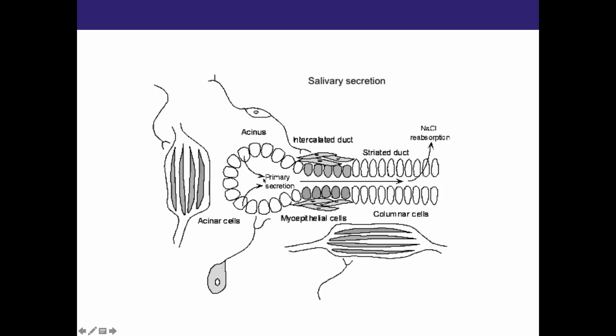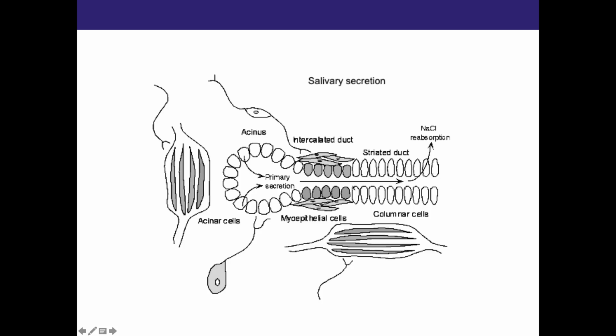Then it's forced into the duct portion, where the primary secretions are usually modified. A lot of times salt is reabsorbed, so there are transport properties pulling sodium and chloride out of the duct, meaning the salivary secretions can be hypoosmotic, depending on the rate of secretion.